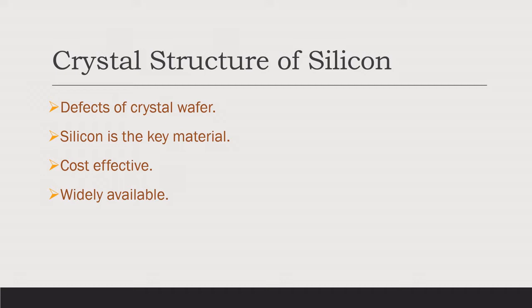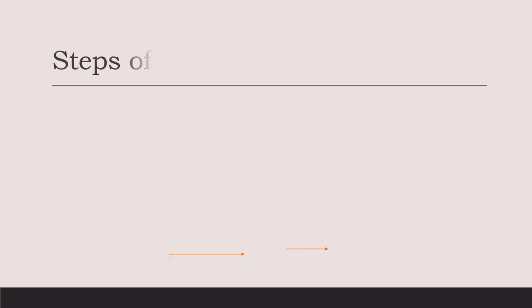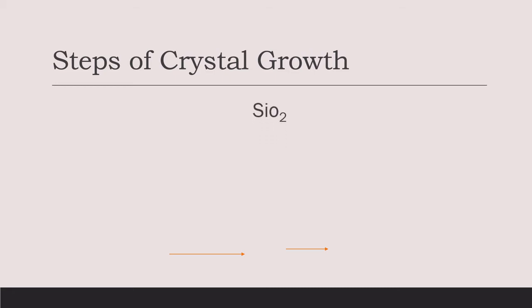Now, what is the basic theory of silicon crystal growth? What are the steps of crystal growth? First of all, the starting material is almost always silicon dioxide, and then you have to reduce that silicon dioxide and form Si, that is silicon.